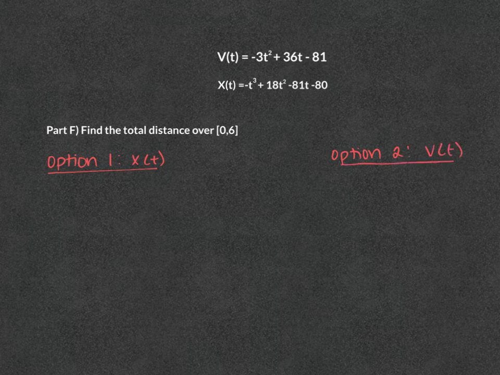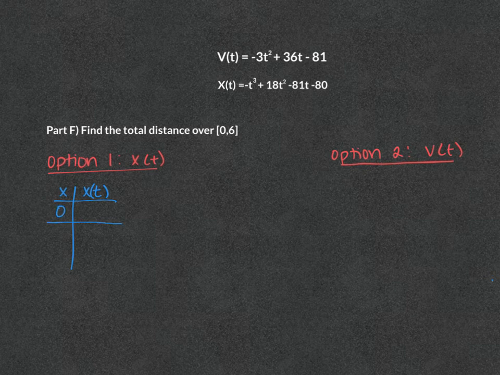So if I'm going to go through the x of t option, remember the way that we have to do this is we have to use our table of values, x and then x of t. And the endpoints of the interval go in the top and the bottom, so 0 and 6.